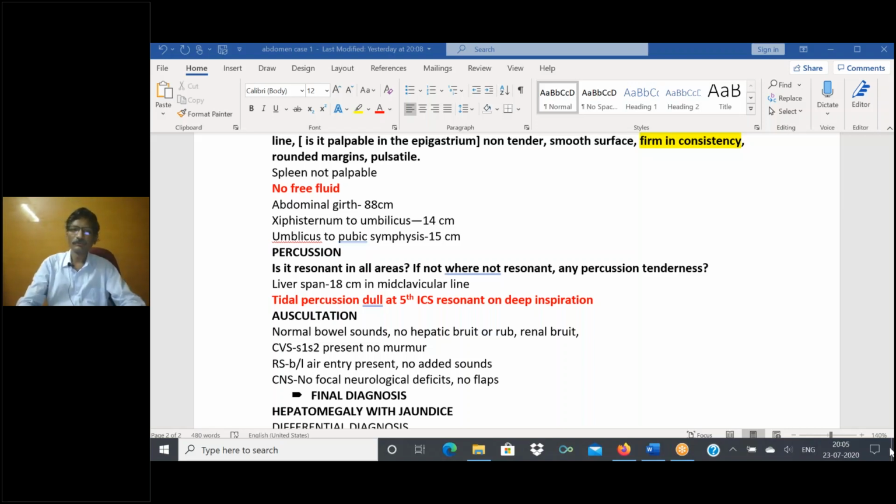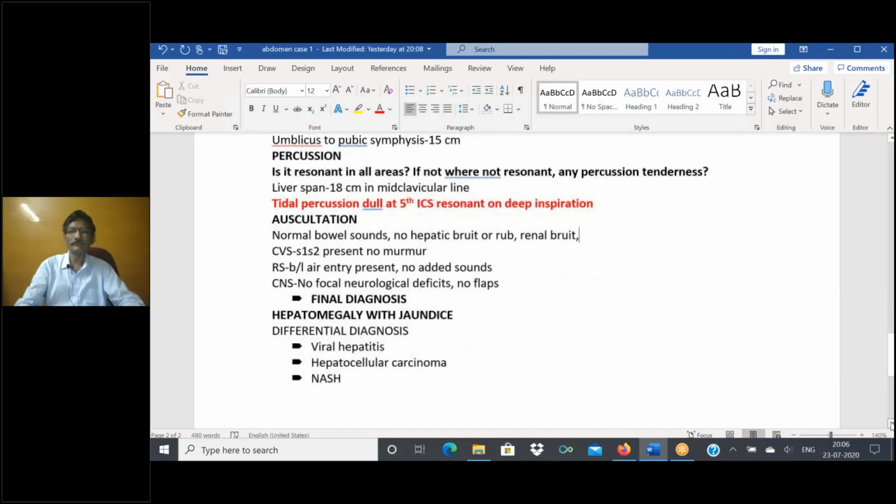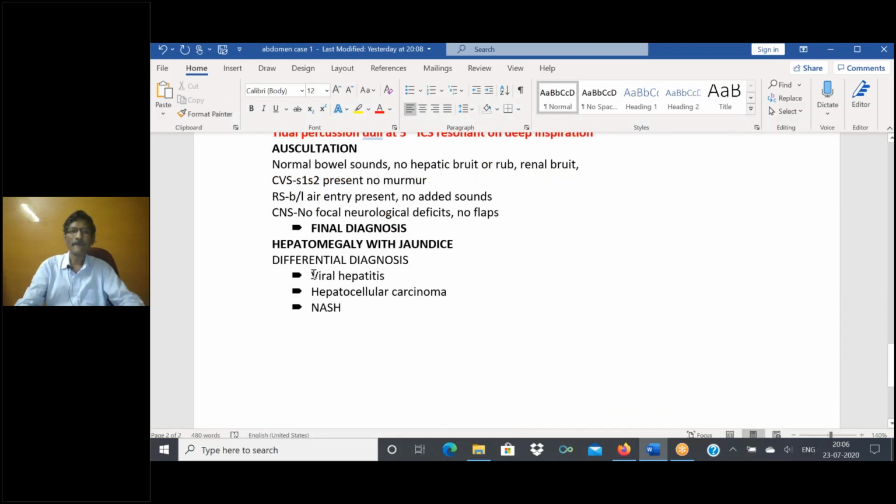Fine. Now we'll go ahead with the differential diagnosis. So we have a patient. Now I'll give you the option. Vignesh, do you want to revise the final diagnosis?